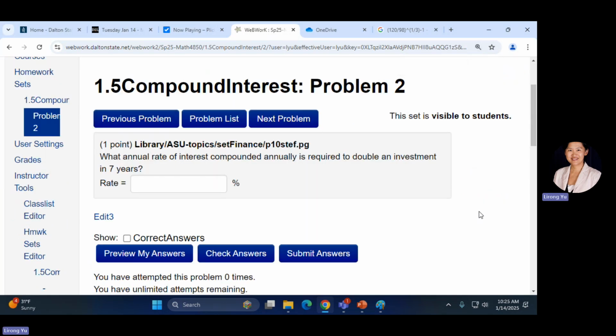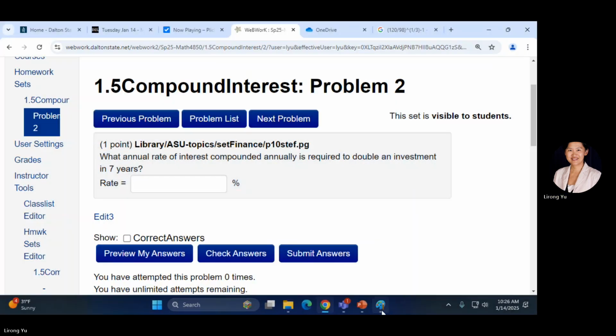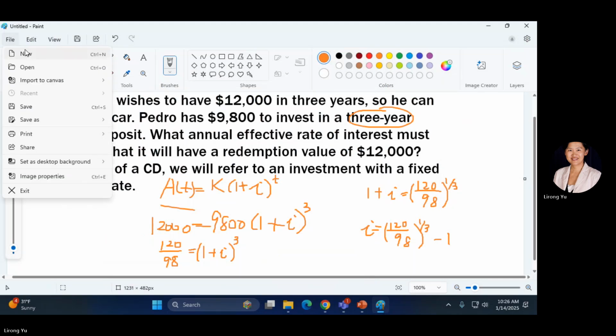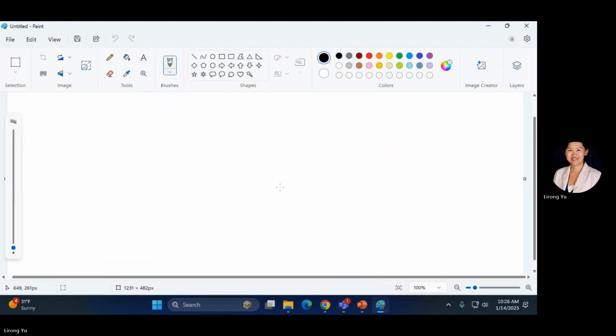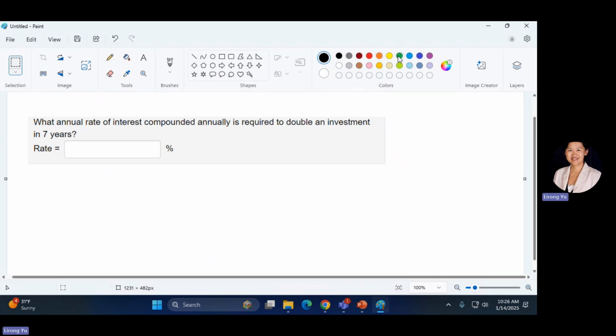All right, it says, what annual rate of interest compounded annually is required to double an investment in 7 years? So the keyword is double, meaning the original amount, we're just talking about the A(t), right?